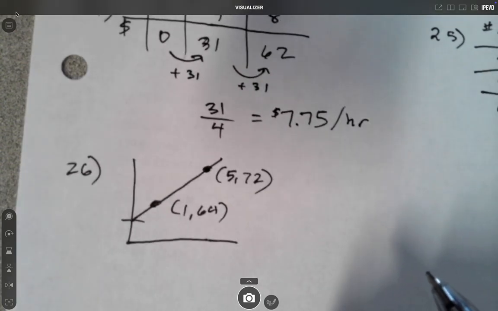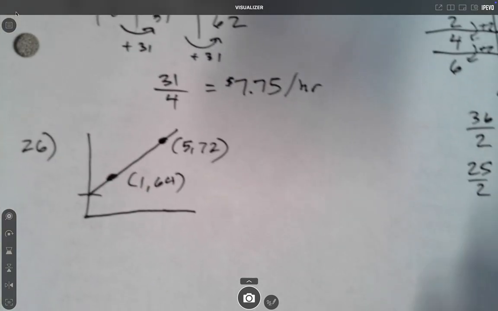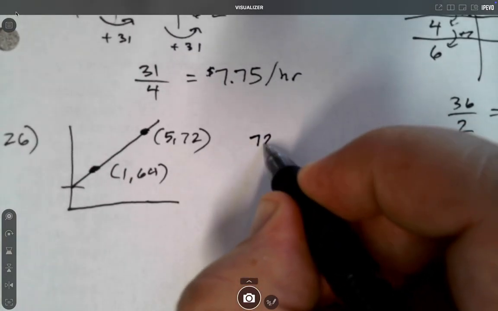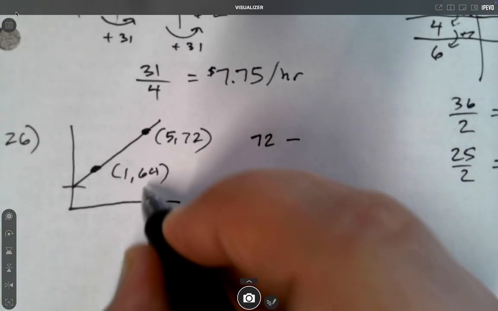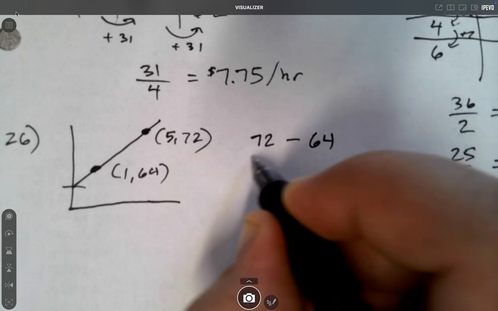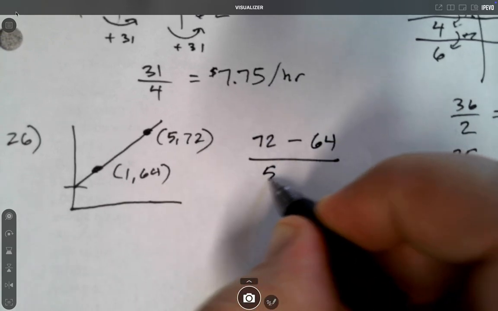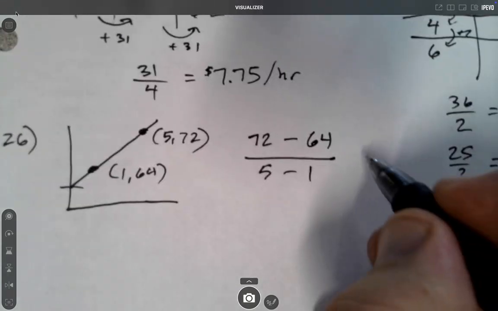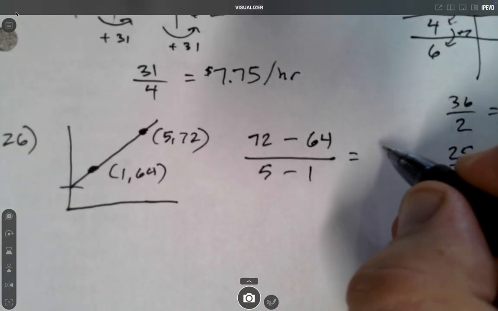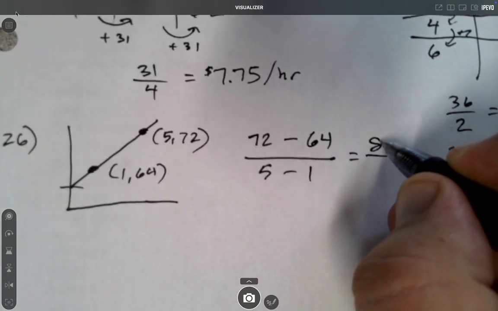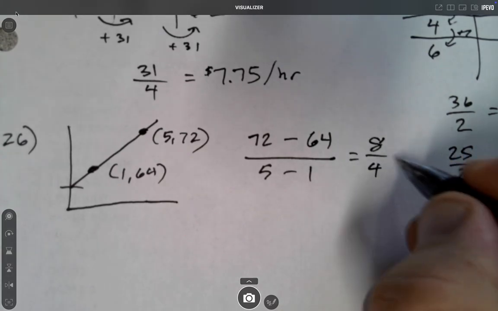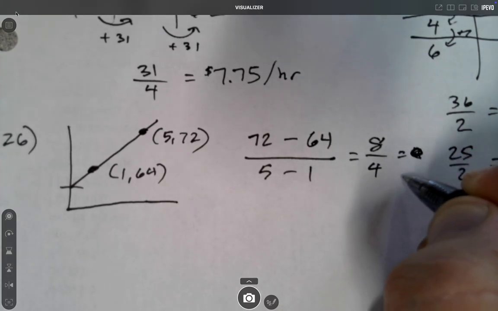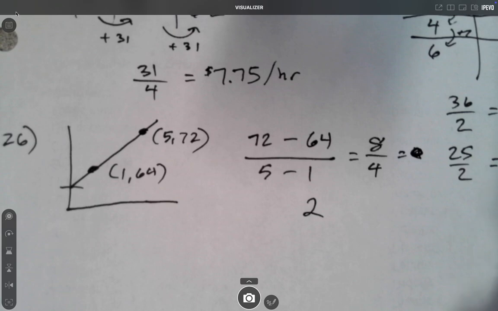Okay, so we want to find its rate of change. That's its slope. So we do y2, 72, minus y1, 64, over x2 minus x1. 72 minus 64 is 8. 5 minus 1 is 4. 8 over 4 is 2.